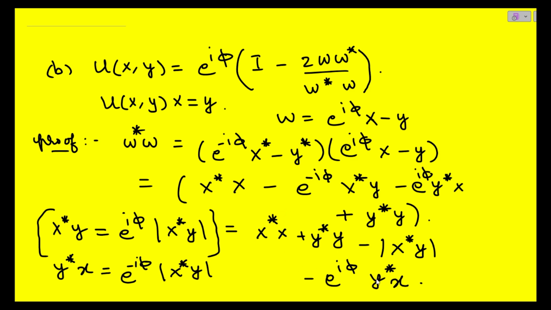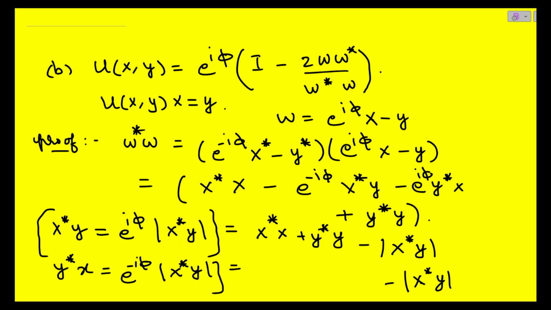Instead of y star x, I can just say this is e to the power minus i phi times absolute value of x star y. But these two get cancelled because they are just conjugates of each other. So you are left with minus absolute value of x star y, which basically you can group.